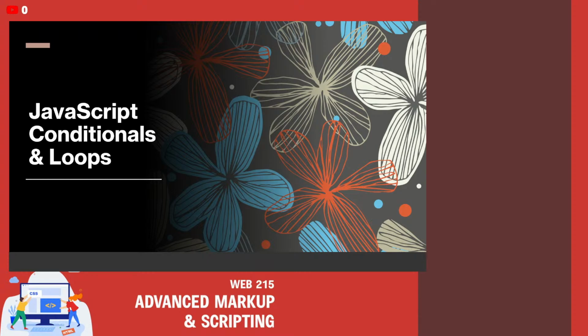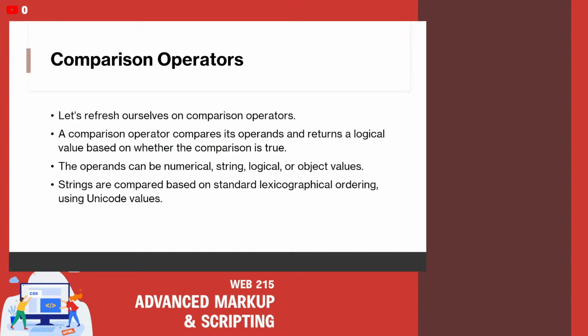As we are getting started here, one of the most important things for us to do is just to refresh ourselves on our comparison operators. Our comparison operators are what we use to compare two values, right? And our program, or our compiler, or our browser, whoever is reading our coding language, is going to look at this comparison and determine a true or false based off of it.